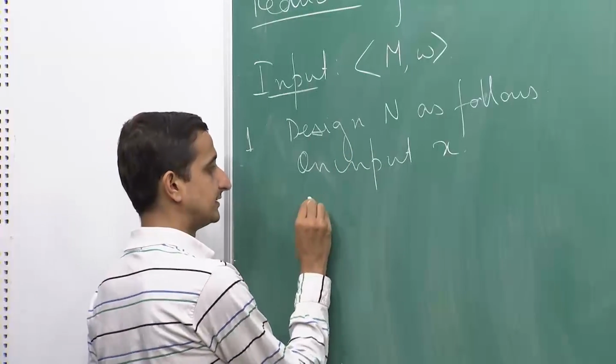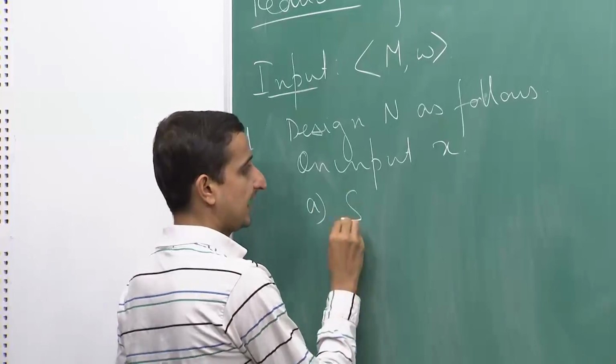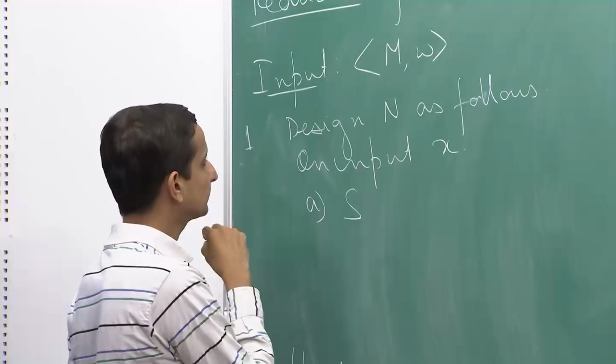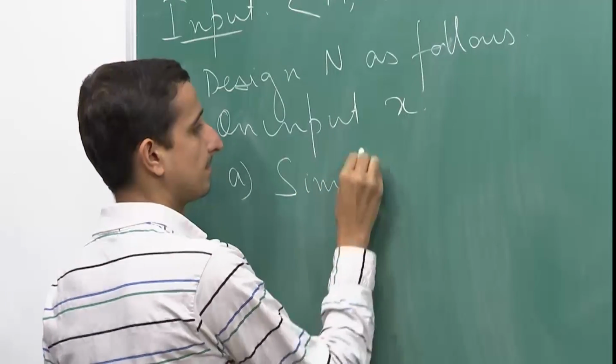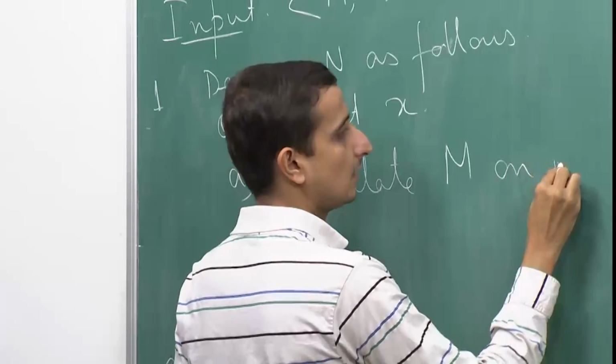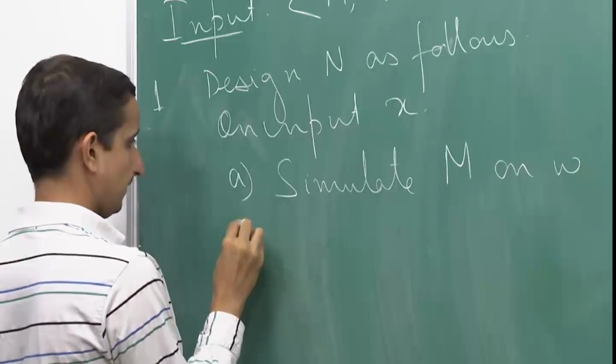First, N ignores x. N would simulate M on w.